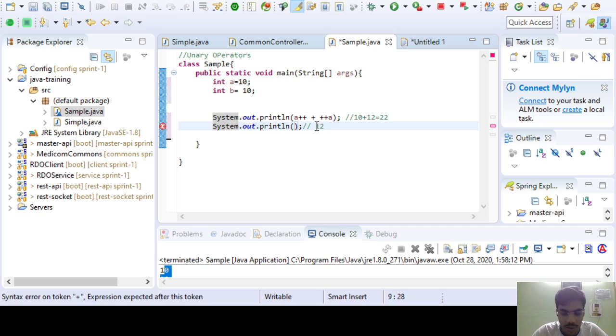Similarly, we will type b plus plus and b plus plus, to avoid confusion.